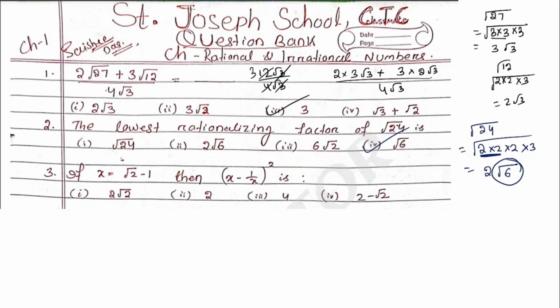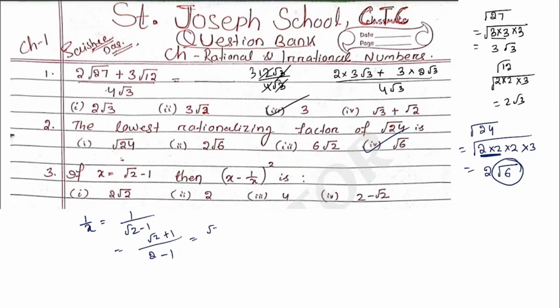Okay, now next question. Question number 3. If x equals root 2 minus 1, then (x minus 1 by x) whole square equals dash. First we find 1 by x. Now 1 divided by root 2 minus 1. If you rationalize, the denominator becomes root 2 square minus 1 square, that is 2 minus 1, and the numerator root 2 plus 1.